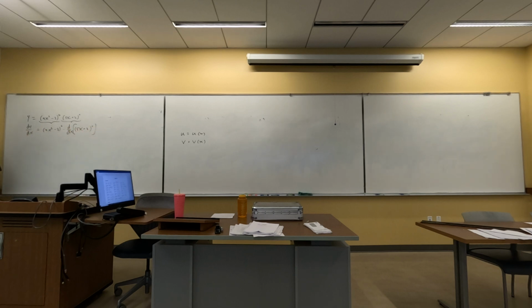Have I taken a derivative yet? No, I'm writing out what I'm going to do. Plus the second times the derivative of the first. Okay? Haven't taken any derivatives yet, but now I'm done with the product rule.